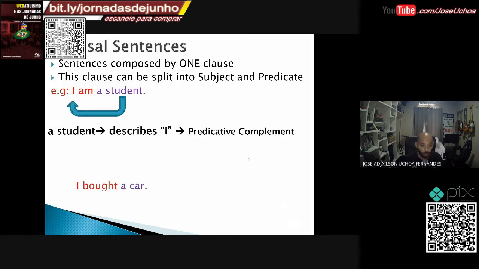So a student goes back to I to describe it, okay? So it's like I equals a student. A student describes I. That's what I am. So I say a student is a predicative complement. Can you think of other examples in which we have these predicative complements?